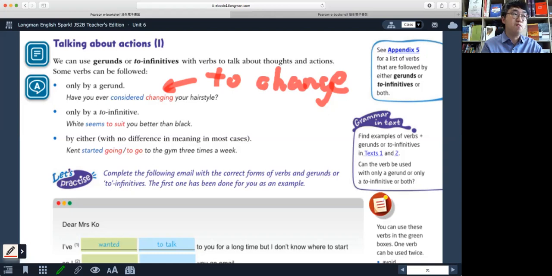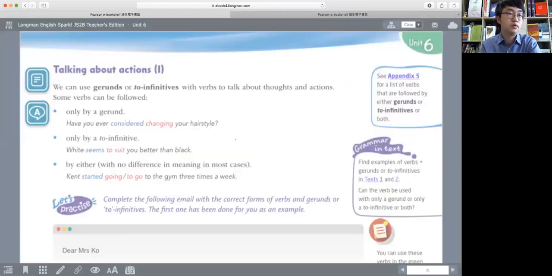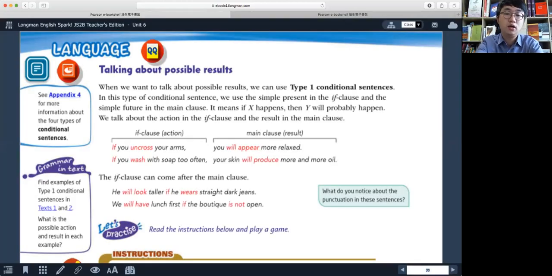White seems to suit you better than black. Look at this verb here, seems. So let's go to page A10. Sorry, there's a technical problem. Okay. Page A10, seems.